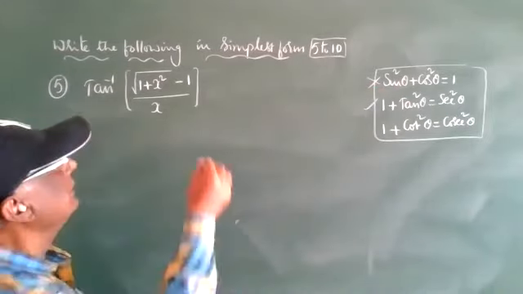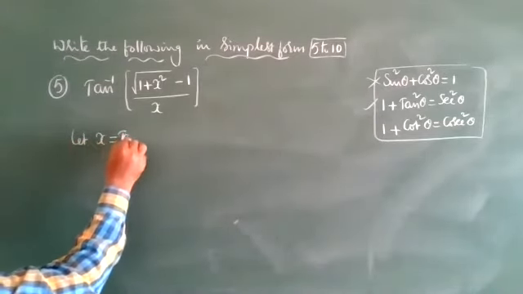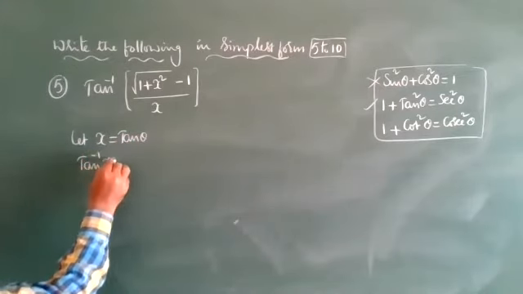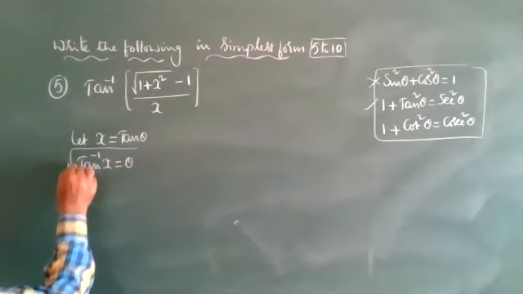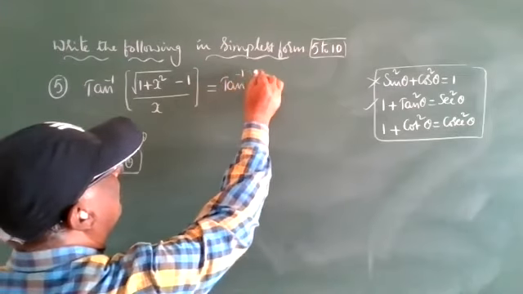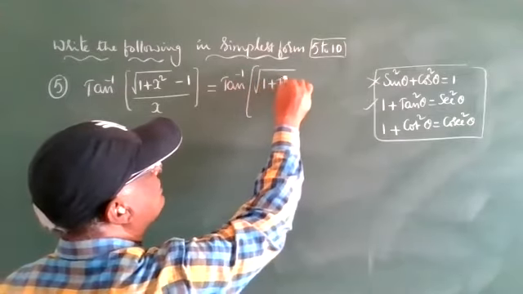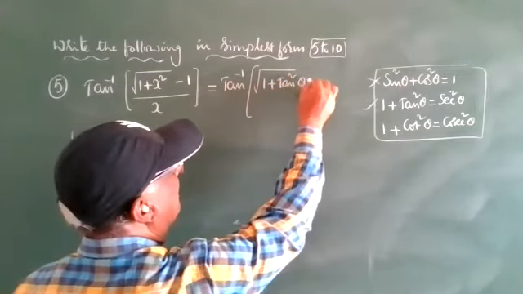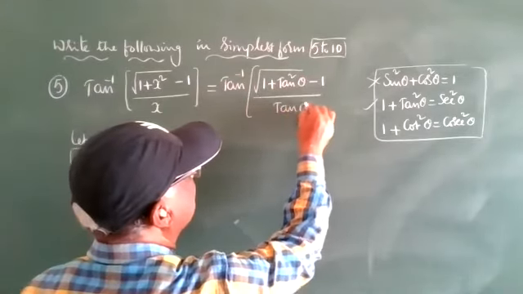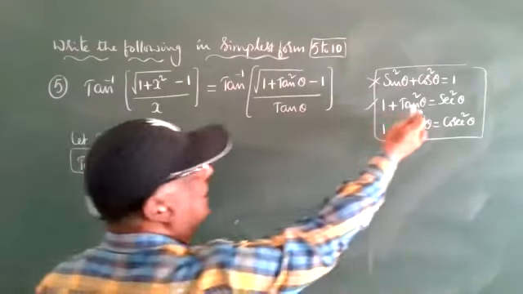Right, so let x equal tan theta. Then tan inverse of x is equal to theta. Now substitute: tan inverse of root over, in place of x write tan square theta, minus 1, upon x, which is tan theta. 1 plus tan square theta is secant square theta.